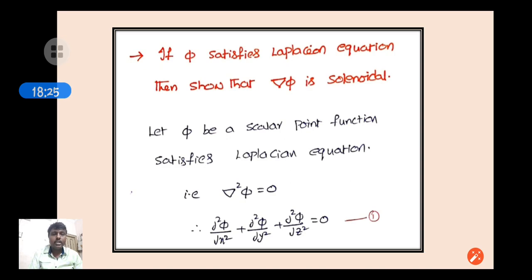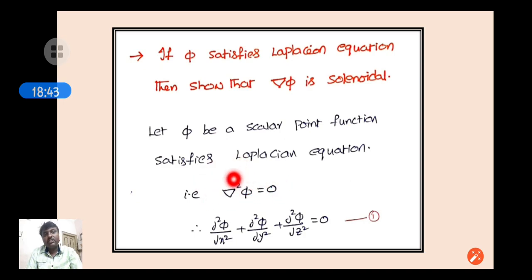It is one more identity. See here, phi satisfies the Laplace equation. Let phi be a scalar point function, and it satisfies the Laplace equation in the sense that del square phi is equal to 0.